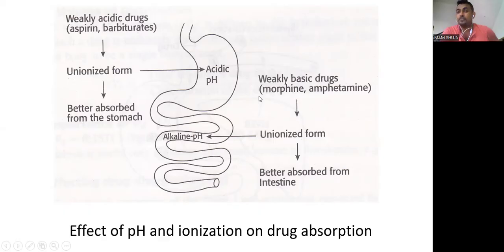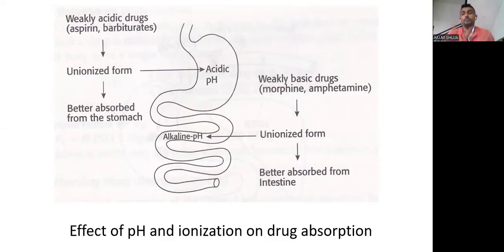So they are better absorbed here. Examples of weakly basic drugs are morphine and amphetamine. Weakly acidic drugs are aspirin and barbiturate. So aspirin is better absorbed at the stomach. That is true. If someone says morphine is better absorbed at the stomach, that is false.